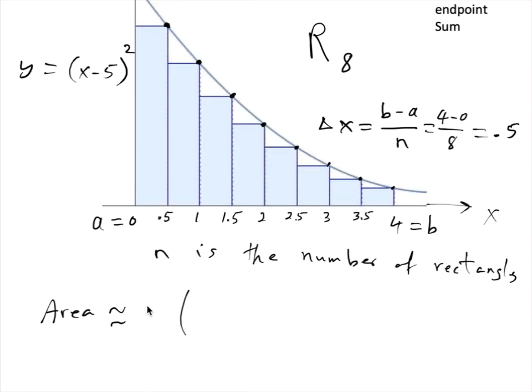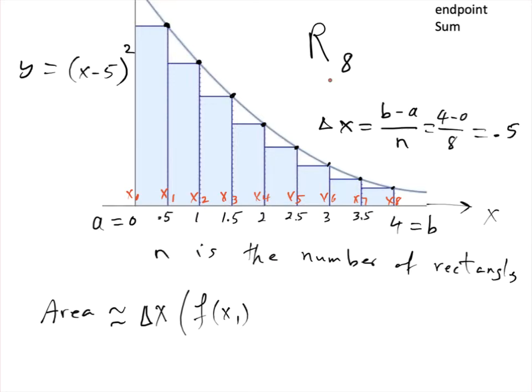So here's a general formula, delta x, you evaluate f at, let's say, x1. In this case, this would be x1, this is x2, x3, x4, x5, x6, x7, x8, and the one on the left is x0. So you can label them from x0 to x8.